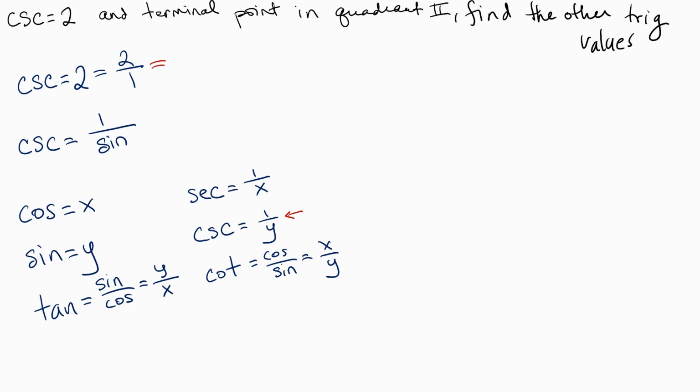So if we flip 2 over 1, we're going to get sine again. So if we take 2, or 2 over 1, we're going to put in sine right here. And so if we flip it, sine is going to be 1 over 2, right? And so what that tells us is that our y value is equal to 1/2 because of sine.